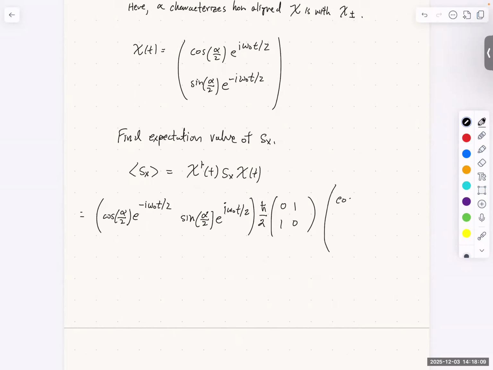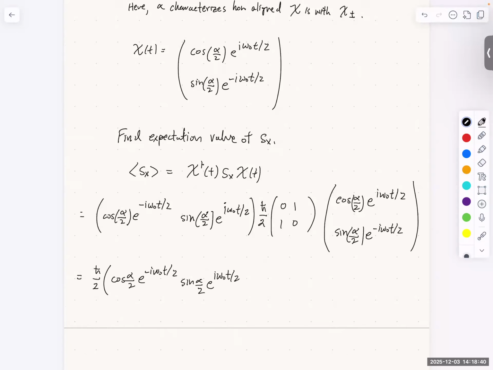So that's cos alpha by 2, e to the i omega naught t by 2, sine alpha by 2, e to the minus i omega naught t by 2. Okay, and so now we just have to do the matrix multiplication. Cos alpha by 2 e to the minus i omega naught t by 2, sine alpha by 2 e to the plus i omega naught t by 2.